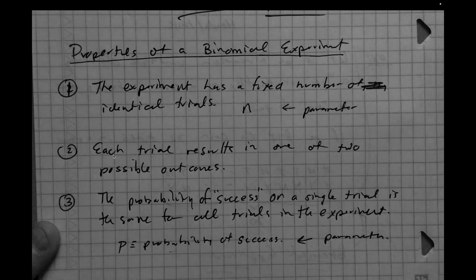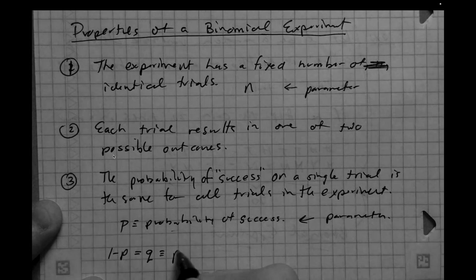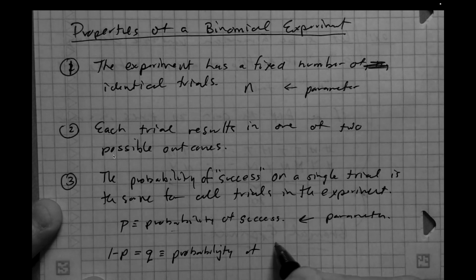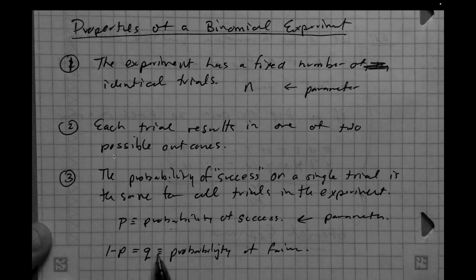That means the probability of failure is 1 minus p, and we usually denote that using q. So if you know p, you automatically know q. It's just 1 minus p. All right, very good. So those are the first 3 properties.